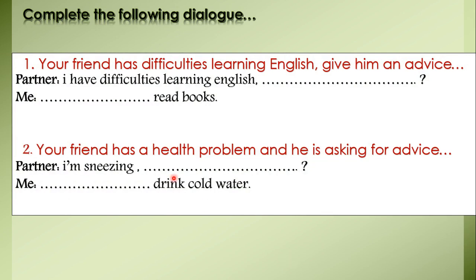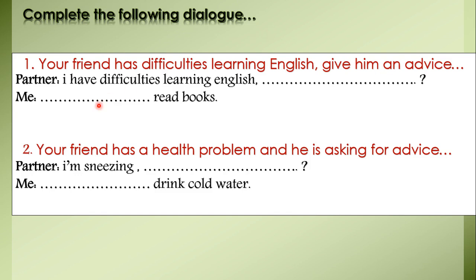The first dialogue is: your friend has difficulties learning English. Give him advice. I have a friend who is finding some difficulties in learning English, so I'm trying to help him. I'm trying to give him advice to improve his English.